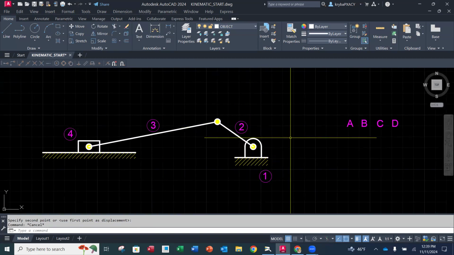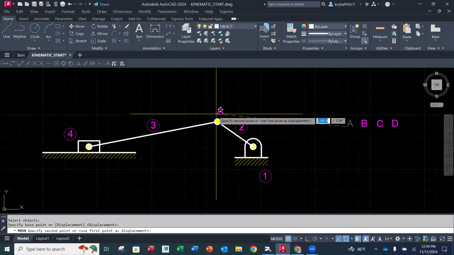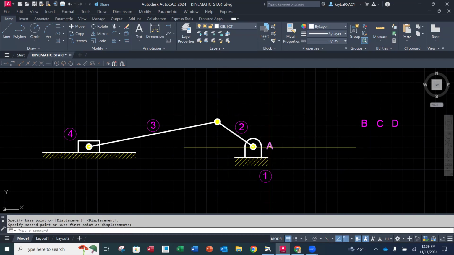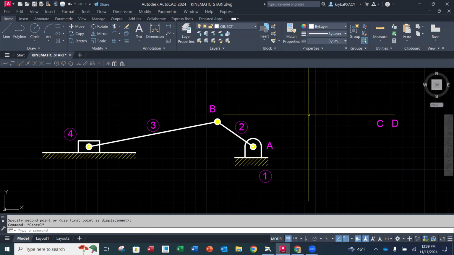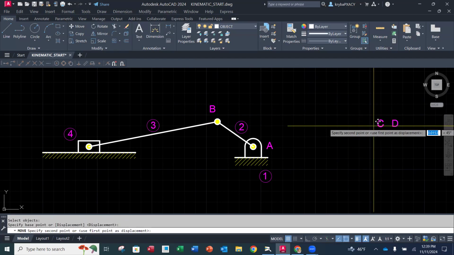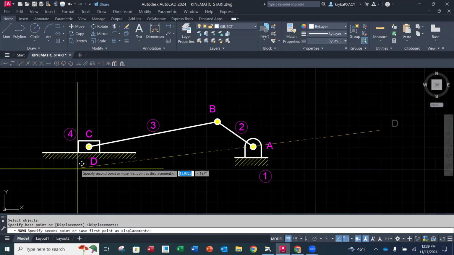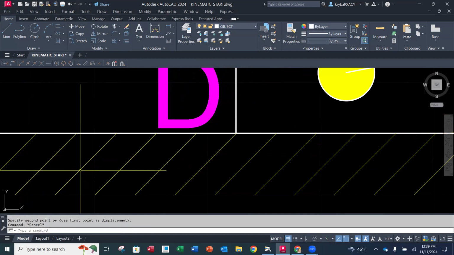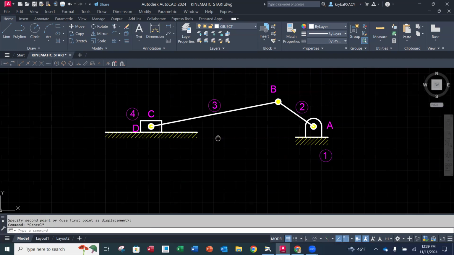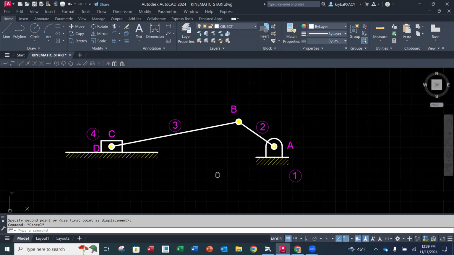So again, make sure that your labels and everything are readable so that when you do hand it in, we can make sense of what you've got. Also make sure that as we add dimensions and things like that, if we get some overlap because of dimensions we add, you move things so that they're not in the way. You want to make it so everything is nice and readable.